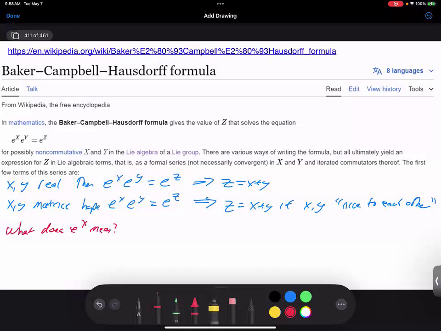What operation might you do to the two of them? How can you combine them? You can sum them. Do I ever have to worry about summing matrices? No. Multiply them. Do I ever have to worry about multiplying matrices? Yes. So what might nice to each other be?